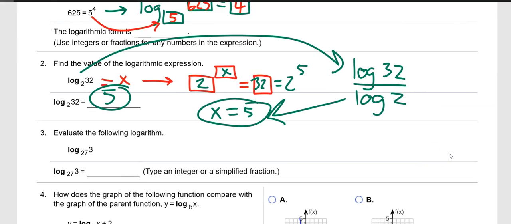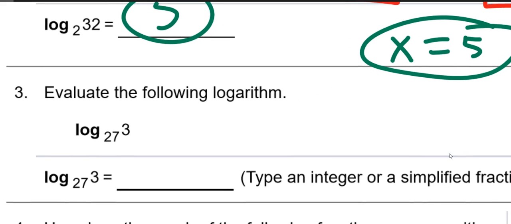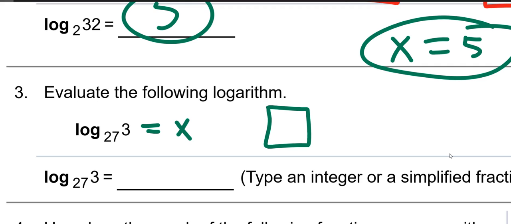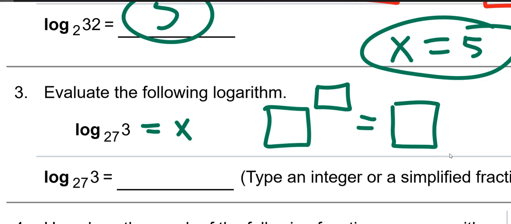Now, when you get down to question 3, though, I'm going to recommend one way over the other. Because if you change it into its exponential form, what's it going to look like? Okay, 27 to the x power equals 3.